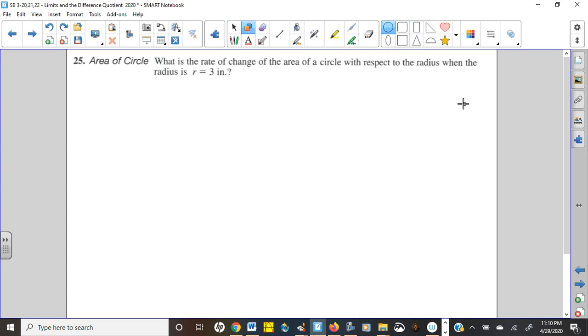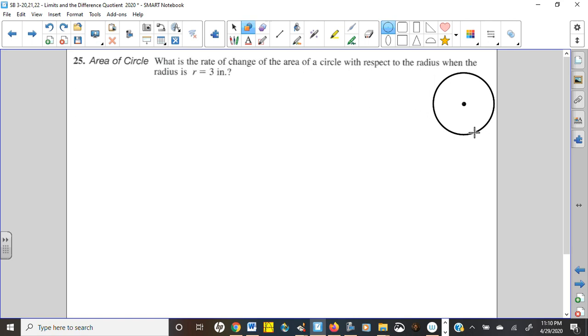So as the circle grows, obviously the radius is getting longer, but the area is growing faster than the radius. And here's why. The radius is just a line segment. It's one-dimensional. The area is two-dimensional, so it's growing in two different dimensions. So it's actually growing at a faster rate than the radius is.